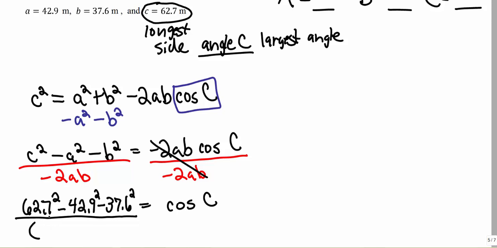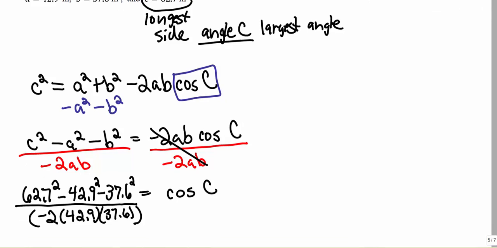When you put it in your calculator, put the parentheses in. So we're going to hit enter for the top, and then parentheses, divide by parentheses, negative 2 times side A times side B. And then important in your calculator that you hit the close parentheses and then hit enter.